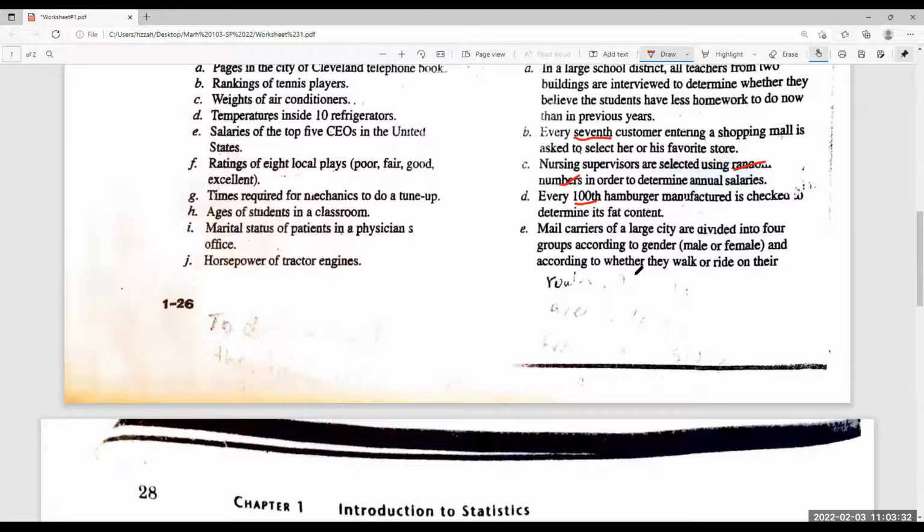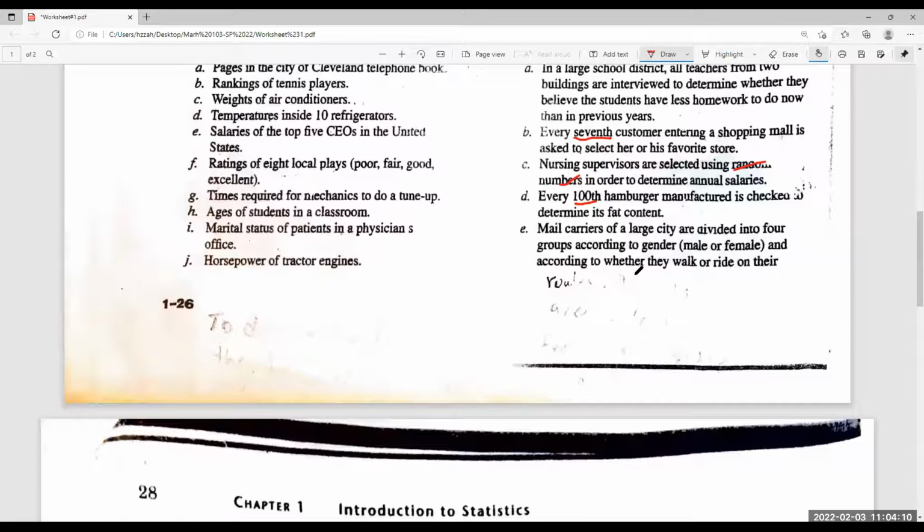That's part E, male couriers of a large city are divided into 4 groups according to gender, male or female, and according to whether they walk or ride on their routes. Then 10 are selected from each group and interviewed to determine whether they have been bitten by a dog in the last year.